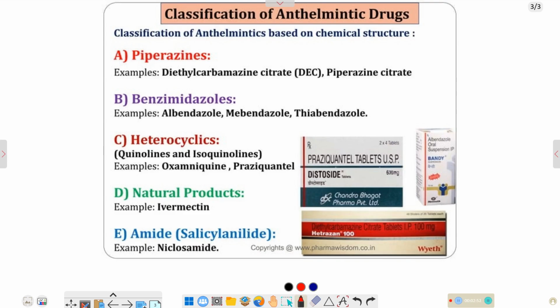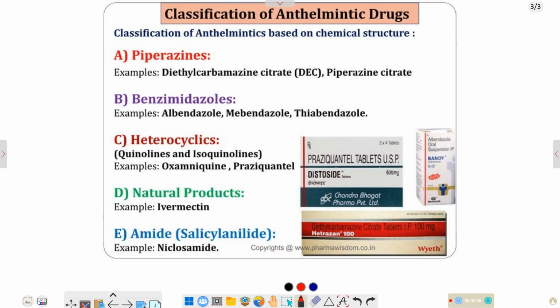And this is the chemical classification of drugs that we use for killing or stopping the growth of worms, that is vermicidal or vermistatic.